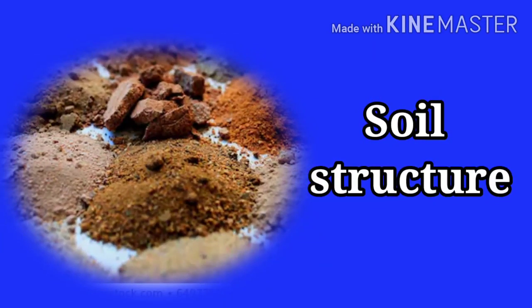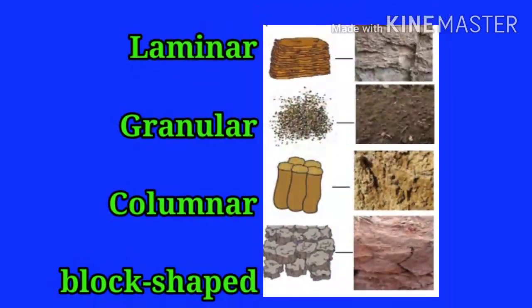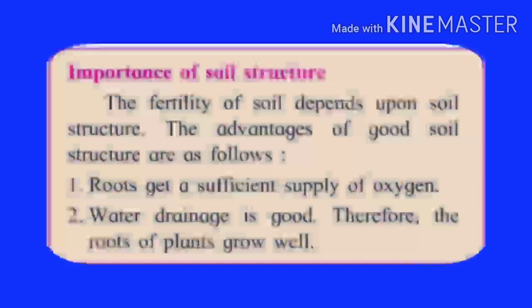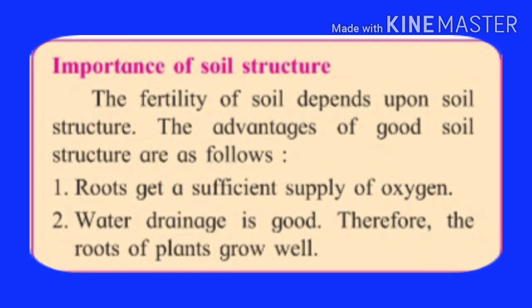Soil structure. The structure of soil depends upon the different shapes of the particles in it. Soil occurs in the form of laminar, granular, columnar, as well as block-shaped structures. Importance of soil structure.